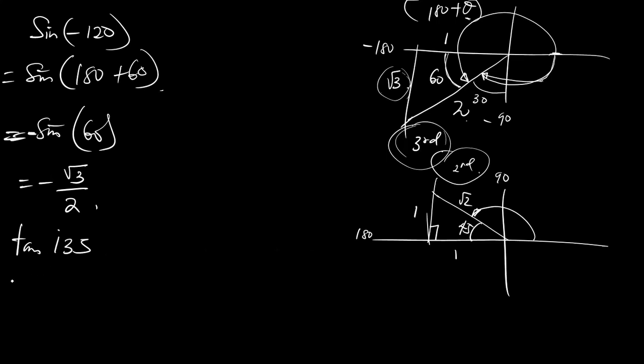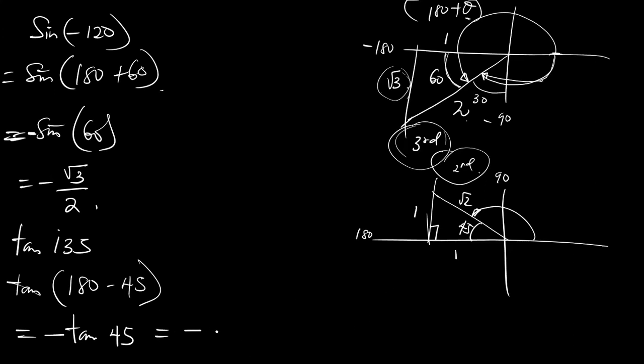So that means you have tan 180 minus 45. Now tan is negative here. You have minus tan 45, and tan 45 is equal to 1. So we have minus 1. That's the final answer to that particular problem.